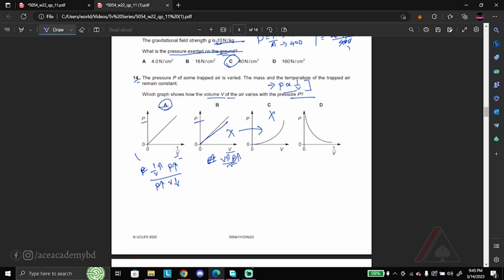This is a curve of P against 1 by V. No, for 1 by V it should be directly proportional, but it shows an inversely proportional relationship. It shows that P decreases if 1 by V increases, and P increases if 1 by V decreases. So this is wrong as well.